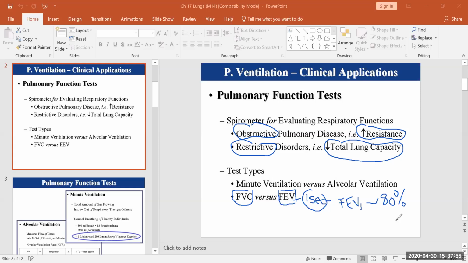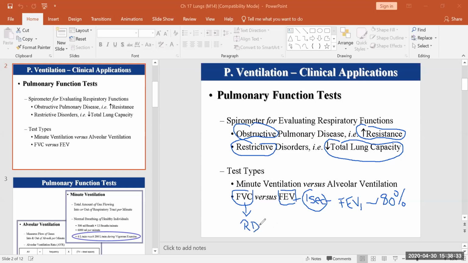But if the patient suffers from obstructive pulmonary disease, an increase in resistance to airflow, then it will not display 80%. It will be much, much lower. Whereas the forced vital capacity, if it's low, is indicative of a restrictive disorder.